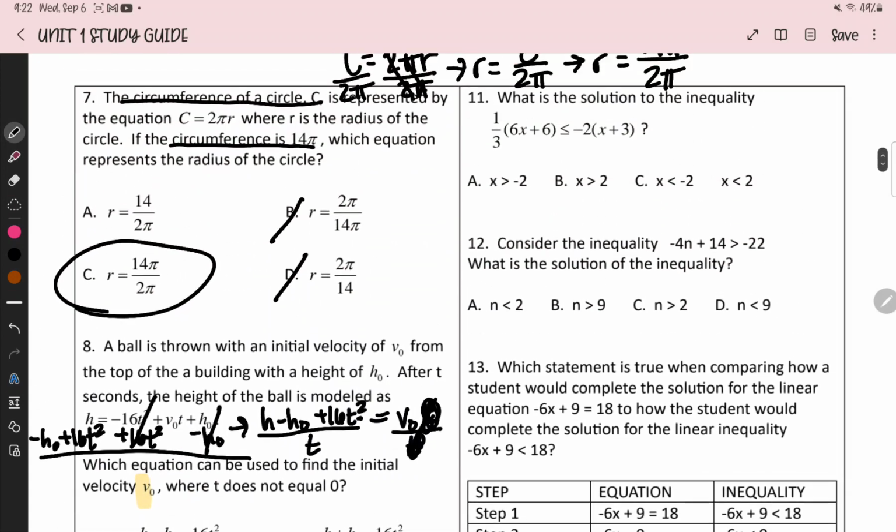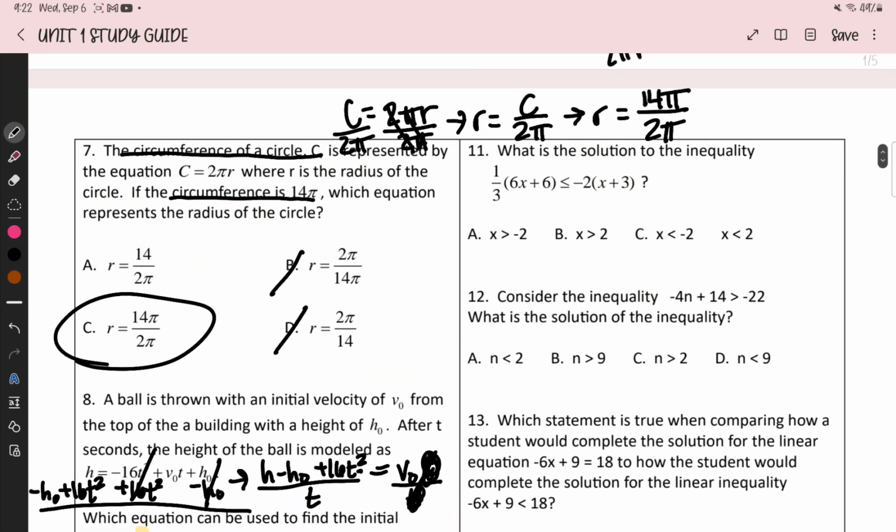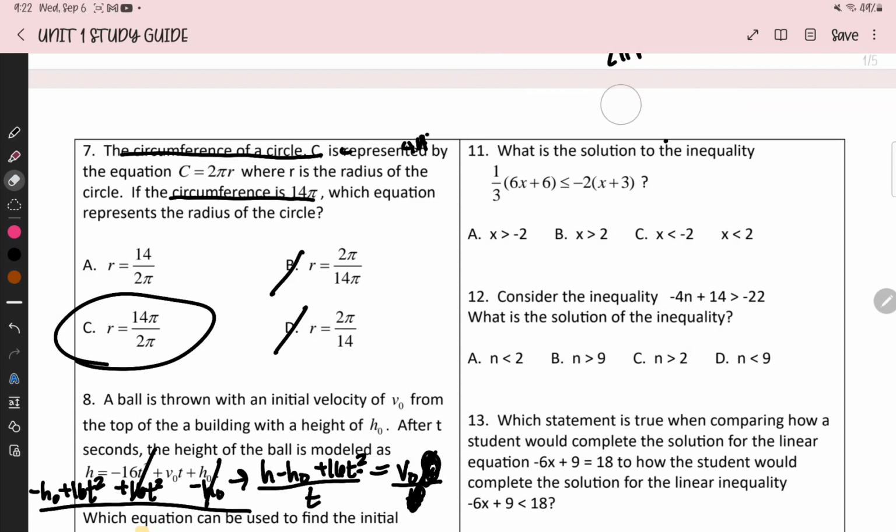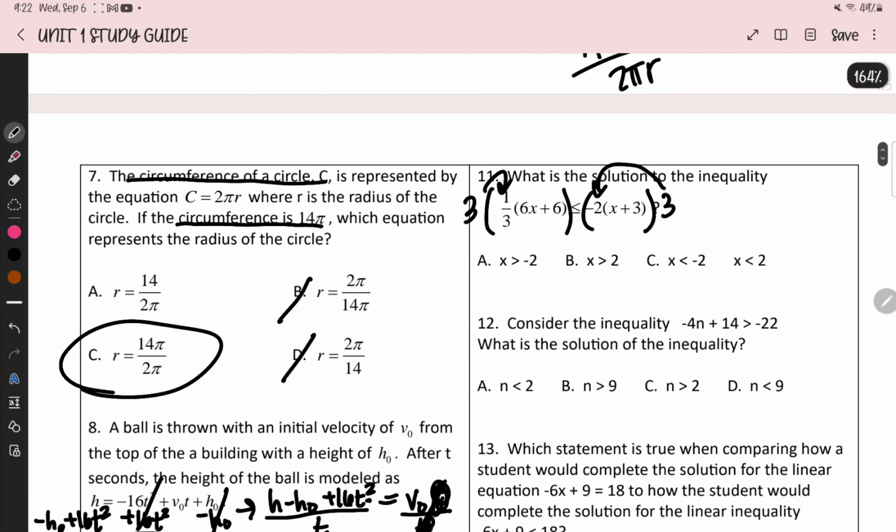All right, number 11 was the solution. Again, I will get rid of my fraction first. I'm going to erase this so it doesn't look so crazy. So I would go ahead and multiply both sides by my denominator, which is 3. It goes here and it goes here. Remember, what's in the parentheses is one big term because they're all stuck together, and then we have that 1/3.